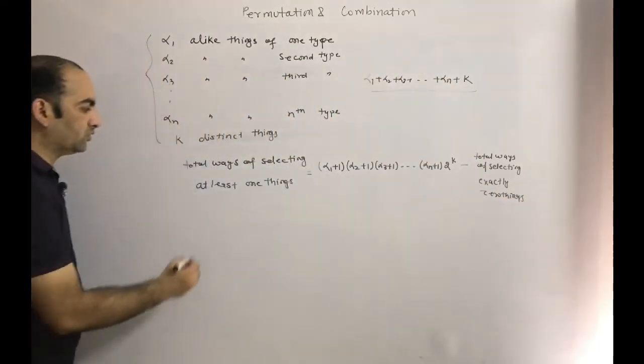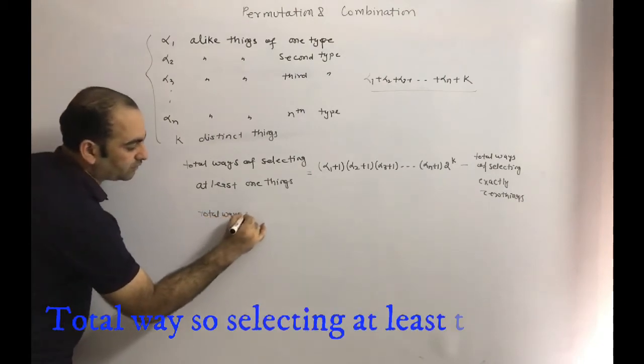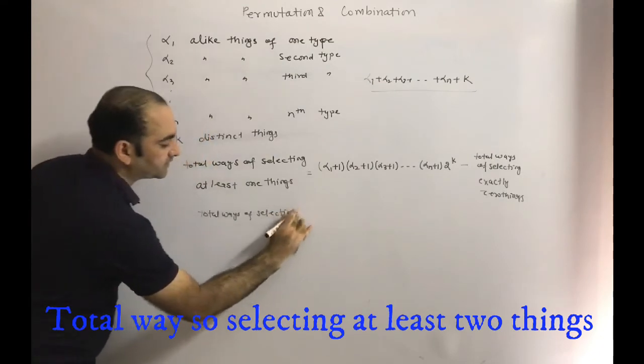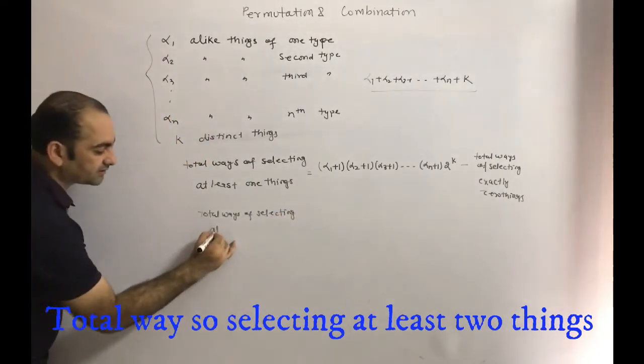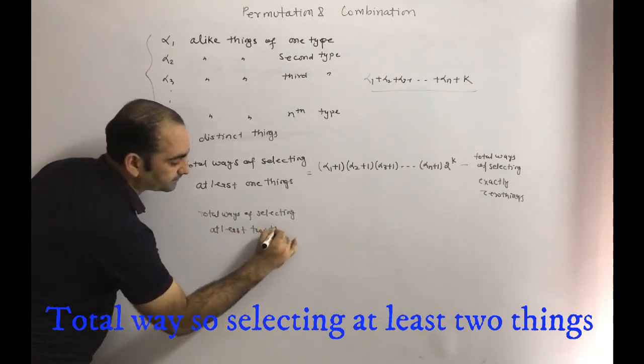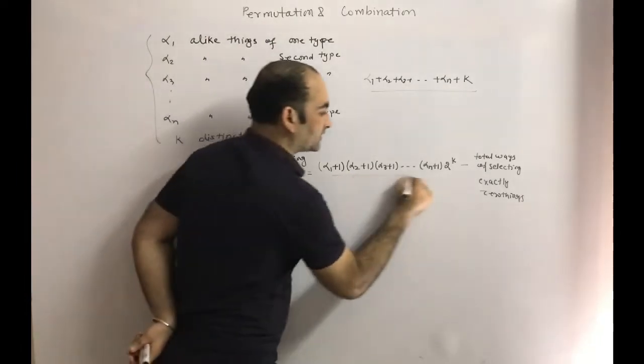If you want total ways of selecting at least 2 things, then what will you do? So this is the total ways.